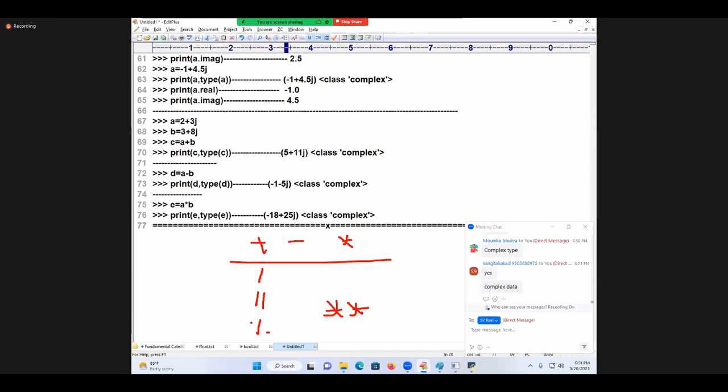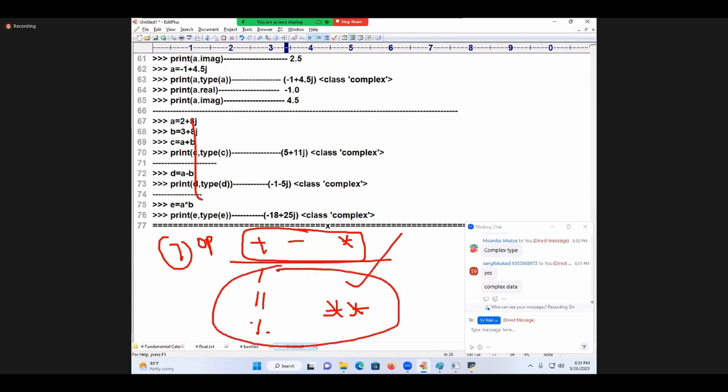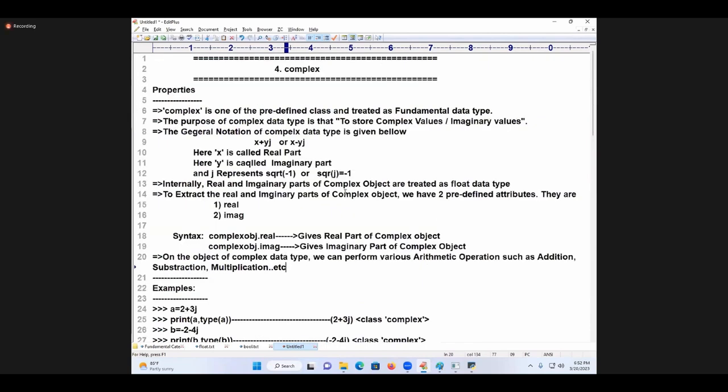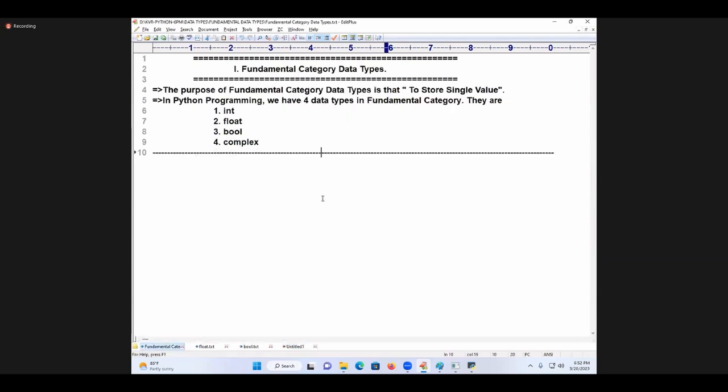So coming back to the point, a total of 7 arithmetic operators are available. Because you already know these, that's why I'm taking these. These things I will explain in detail further. Very shortly, arithmetic operators are going to start. Are you following me? Right. So is the complex data type clear? Come on, students. Online students, is it clear?